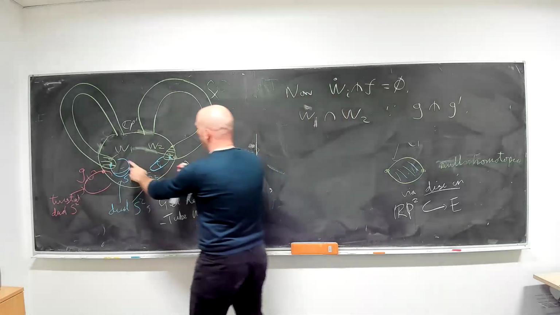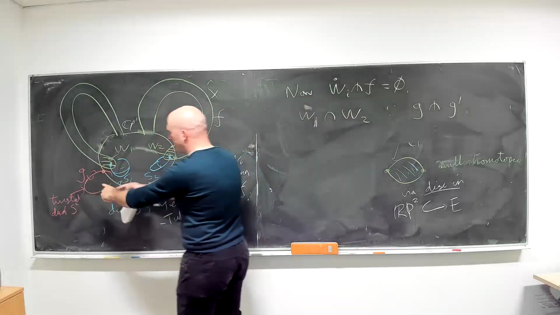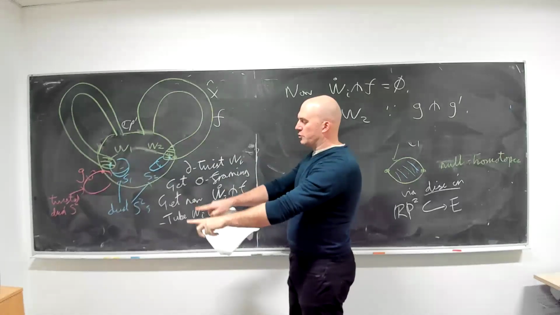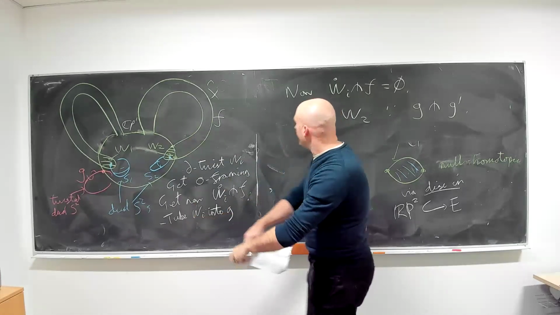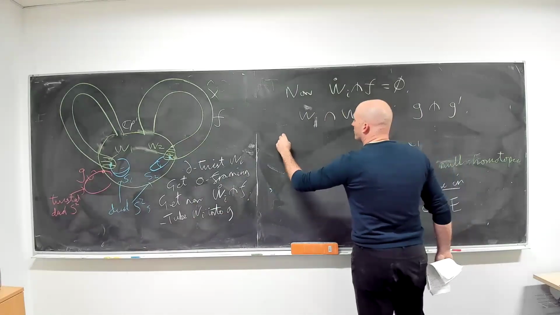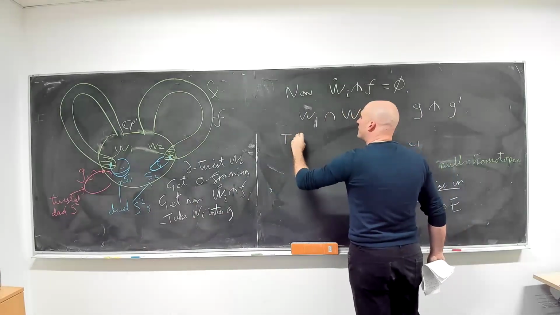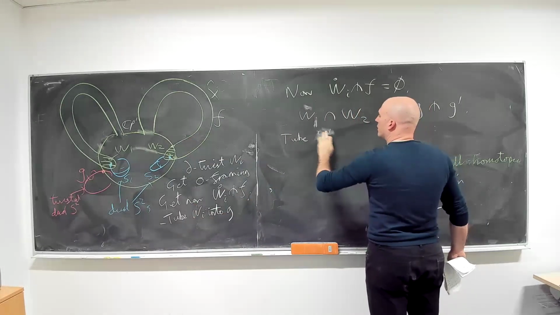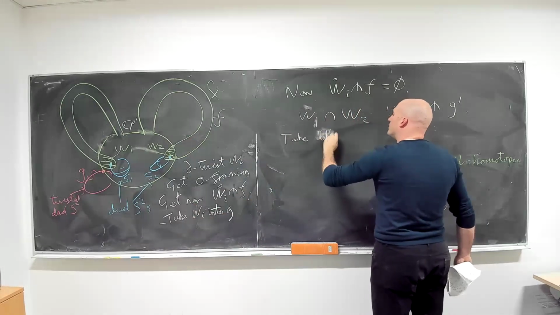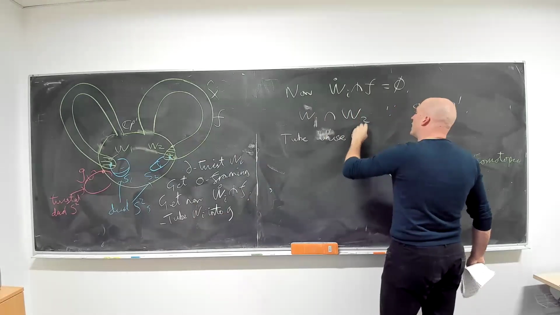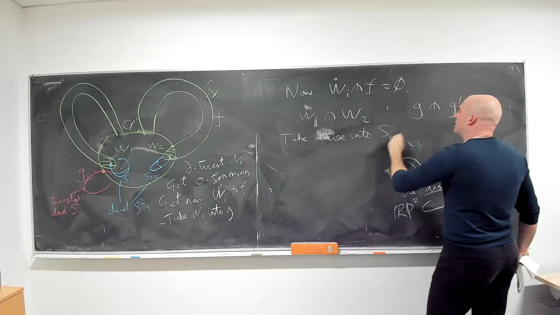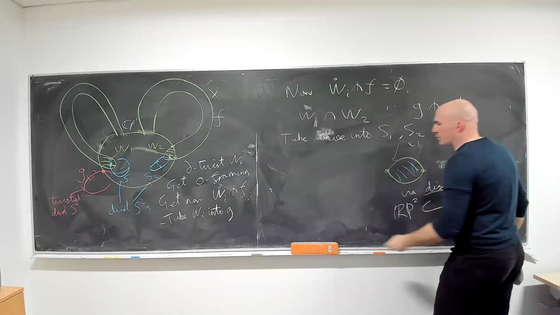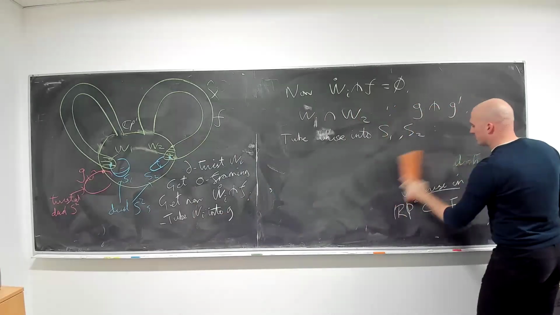So if I tube W1 and W2 into it, then I use two parallel copies of G, and they're going to intersect. But now we tube those into S1 and S2 as needed to remove any intersections.